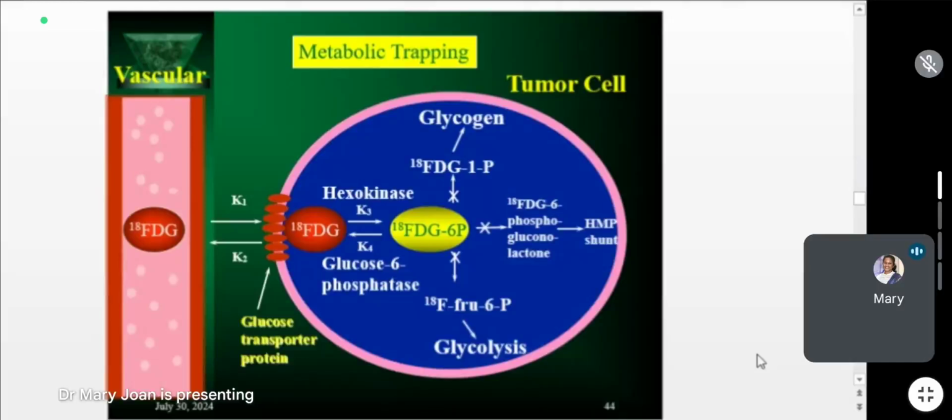And as we know, the more active the cell regeneration, the more metabolism takes place and more amount of glucose transfer, glucose metabolism takes place, and more amount of F18 will be trapped in those cells. So this we will be able to observe in the PET scan images.